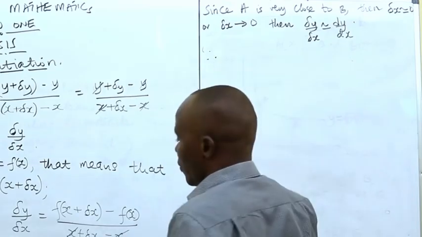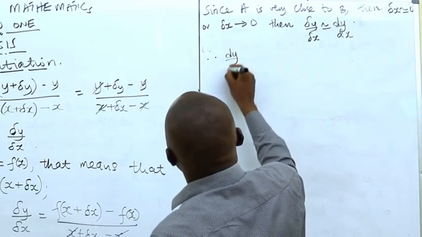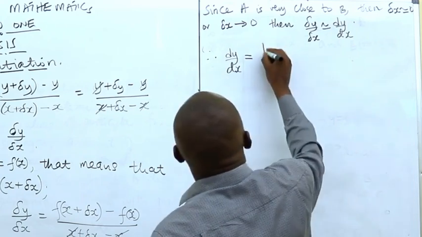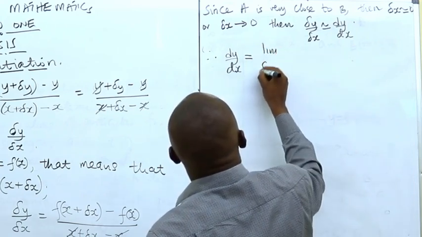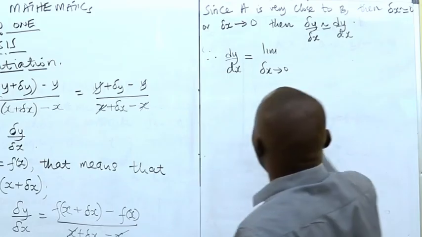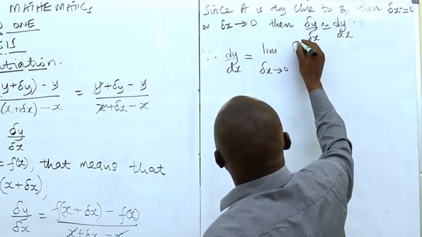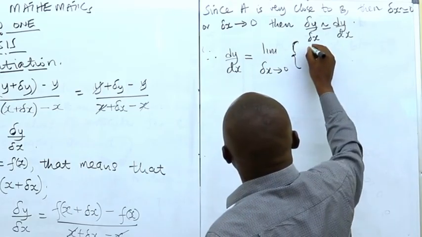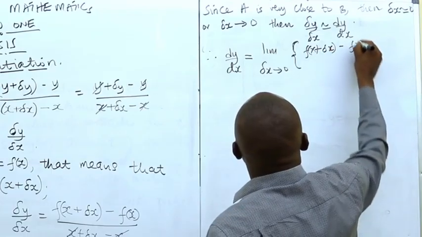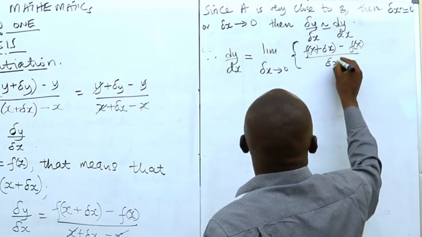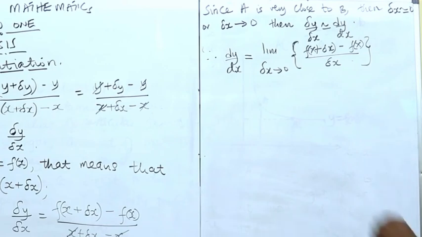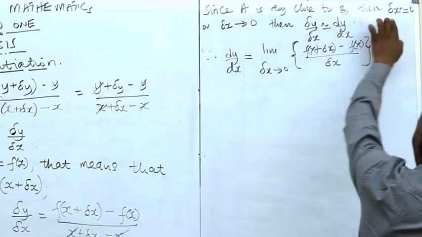Therefore, dy/dx is equal to the limit as delta x tends to 0 of f(x + delta x) minus f(x) all over delta x. How is this coming about?